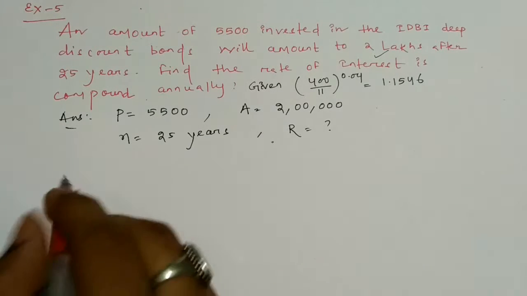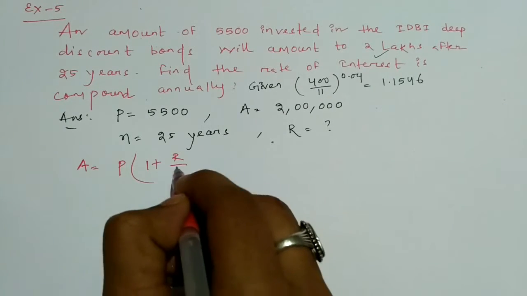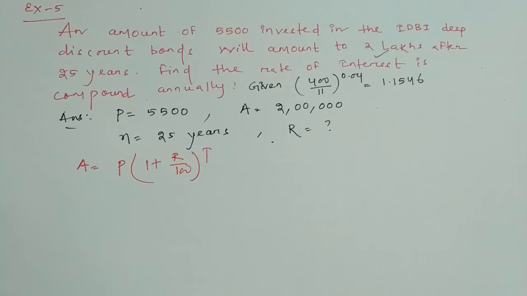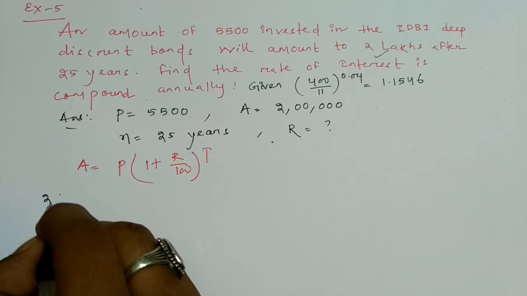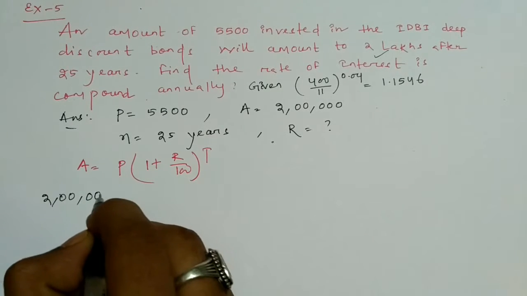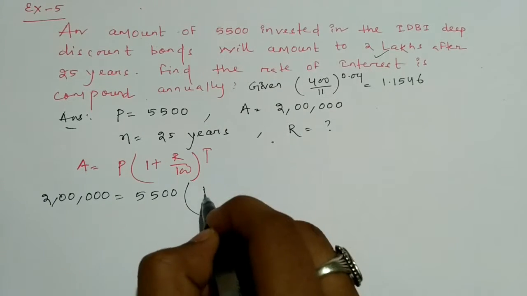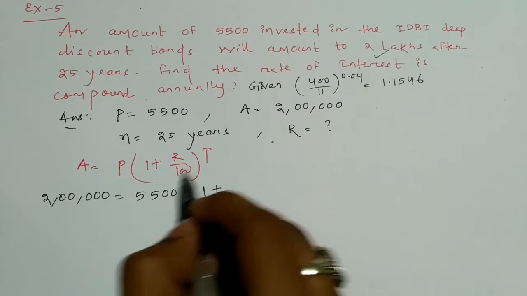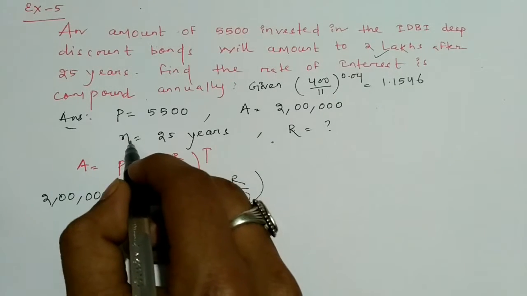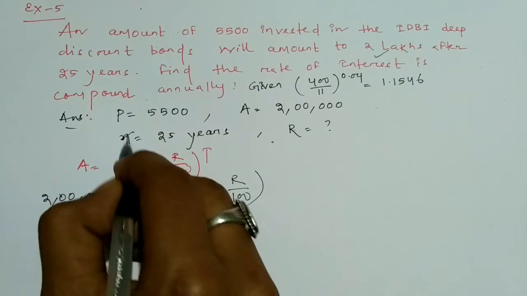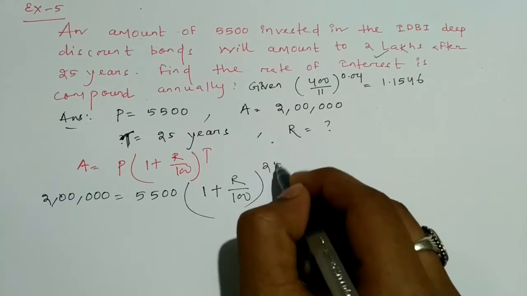A is equal to P whole 1 plus r by 100 to the power t. Fine, same formula. So A is 2 lakh rupees. So 2 lakh is equal to 5,500 whole 1 plus R by 100, R is not given so let it be R, to the power T. Friends, this T you can also write as n. T is 25.